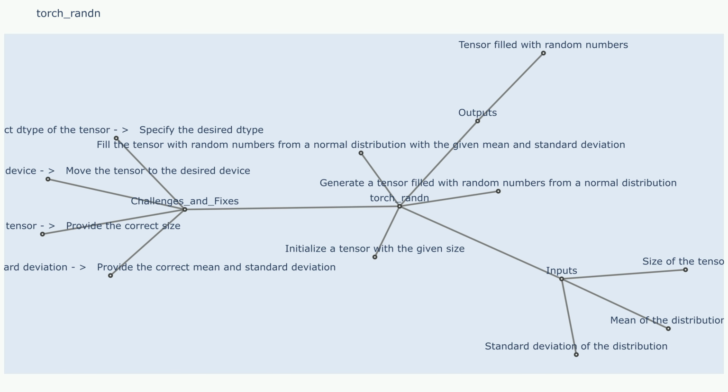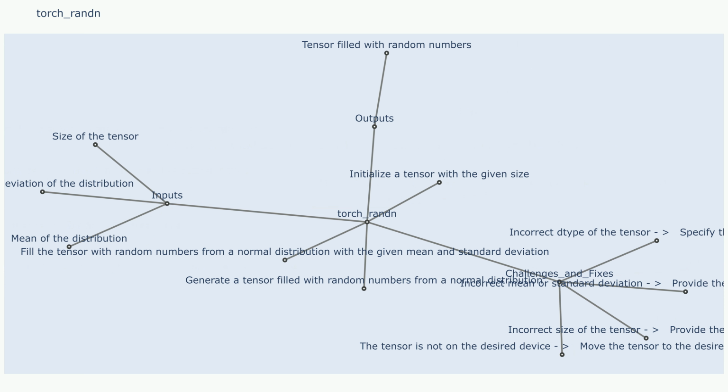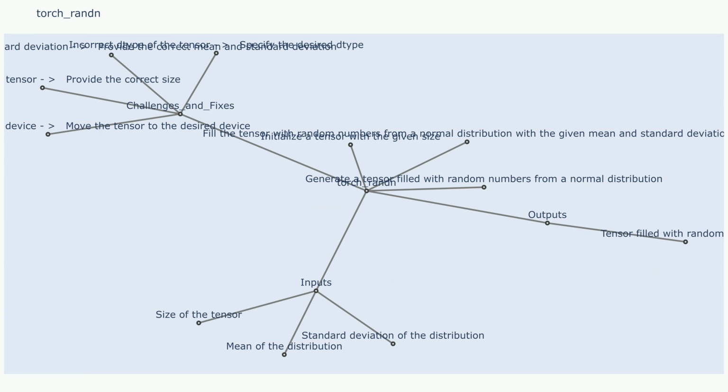Torch randn. Description. The torch.randn function generates a tensor filled with random numbers from a standard normal distribution, mean 0, std 1. It utilizes the Box-Muller transform to achieve high-quality random numbers. Inputs.